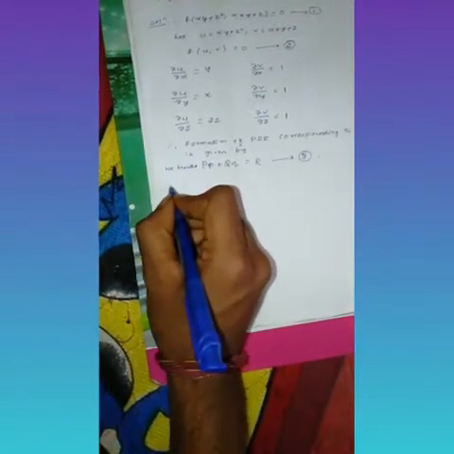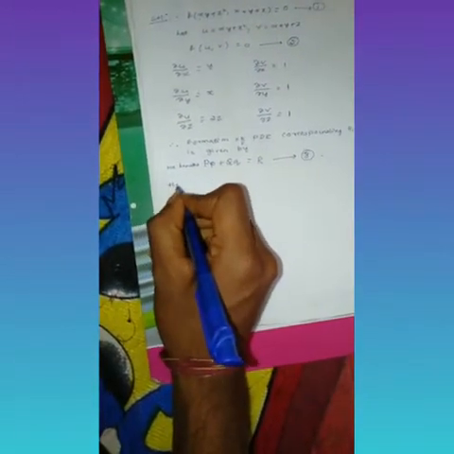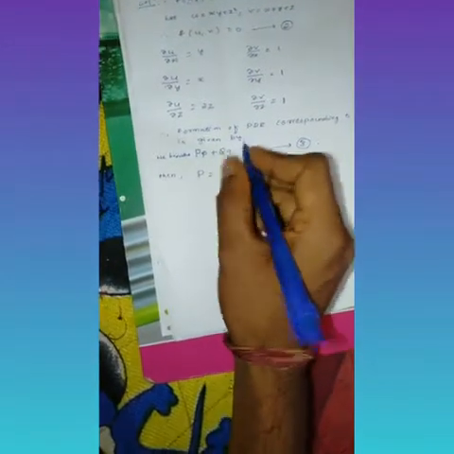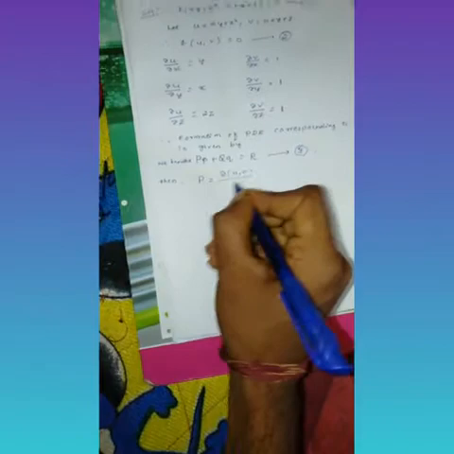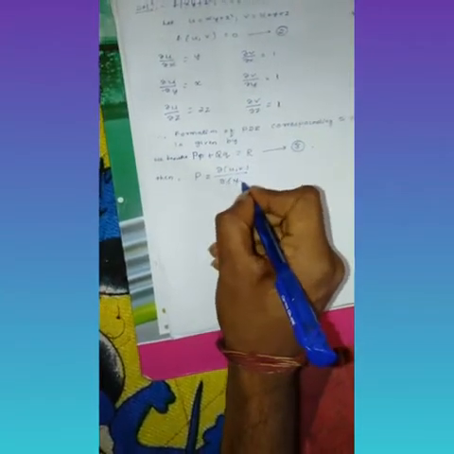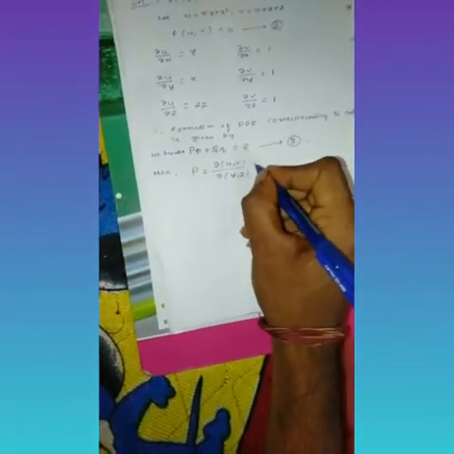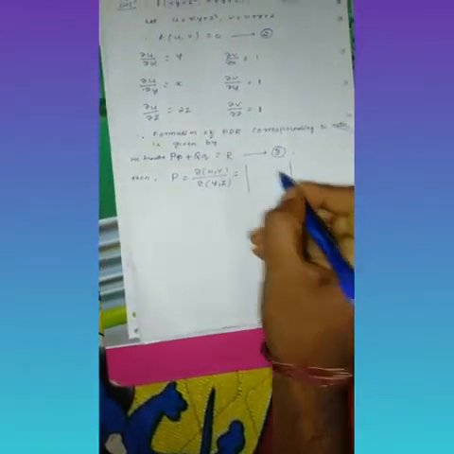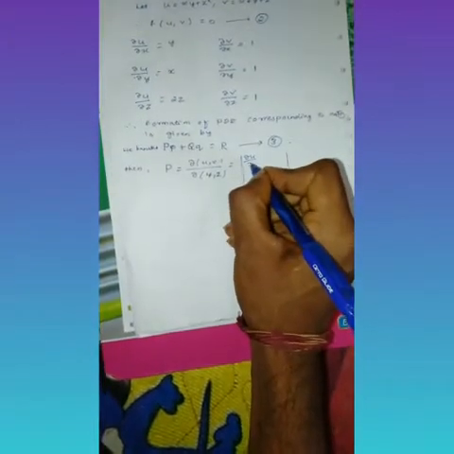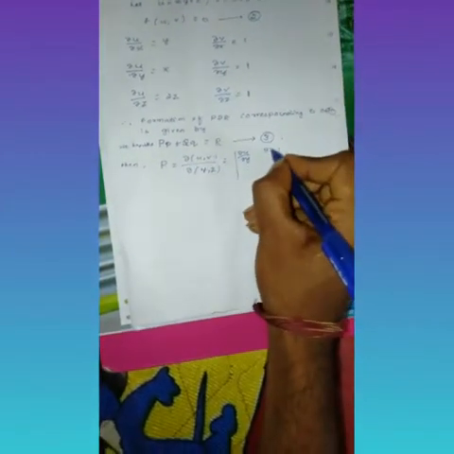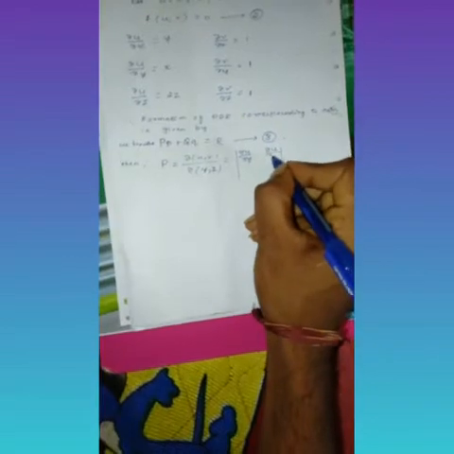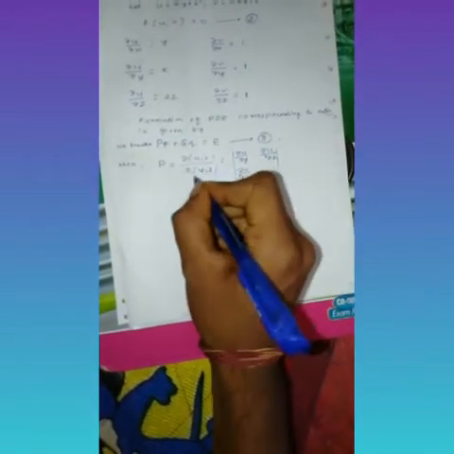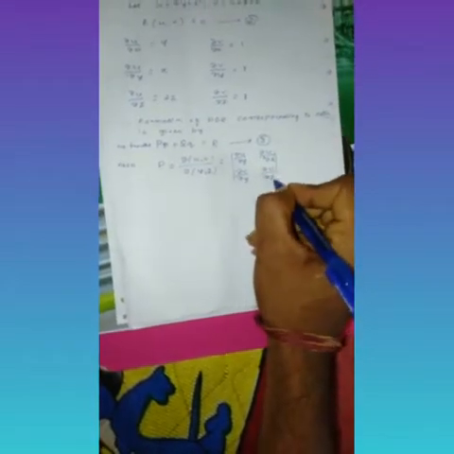Here capital P is equal to dou of u comma v by dou of y comma z. By using Jacobians, dou u by dou y, dou u by dou z, and dou v by dou y and dou v by dou z.